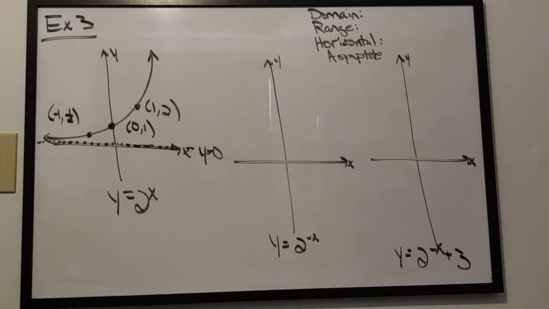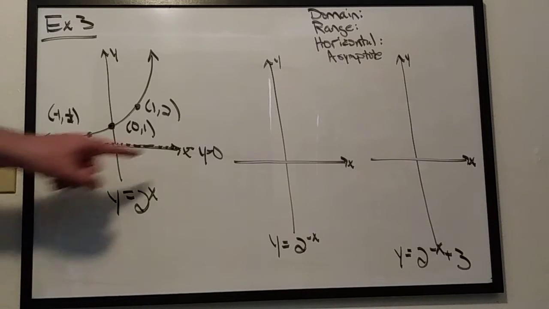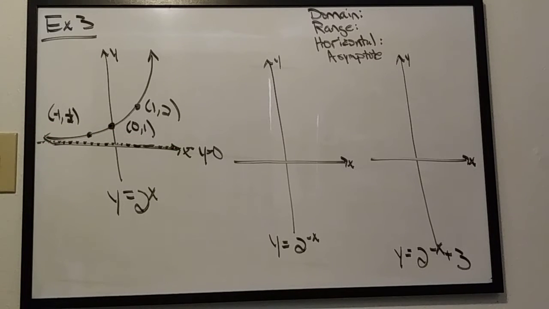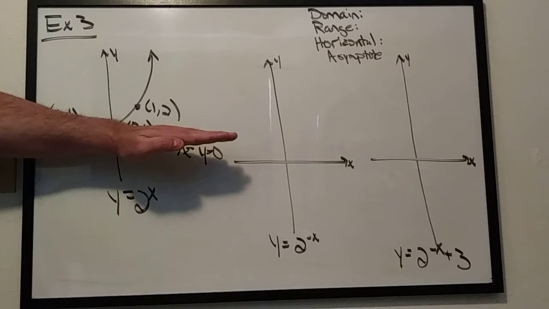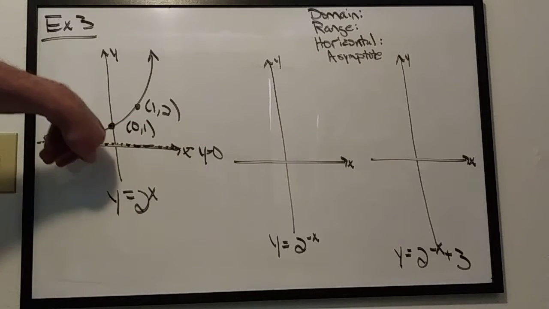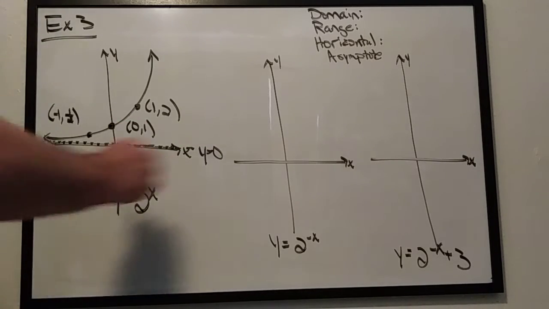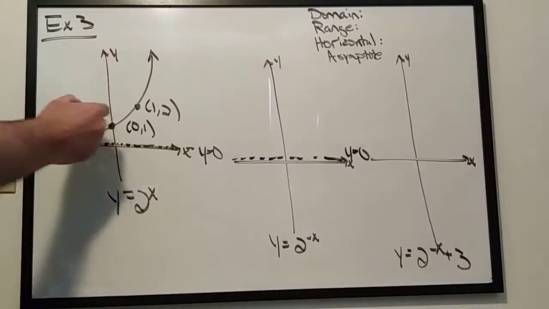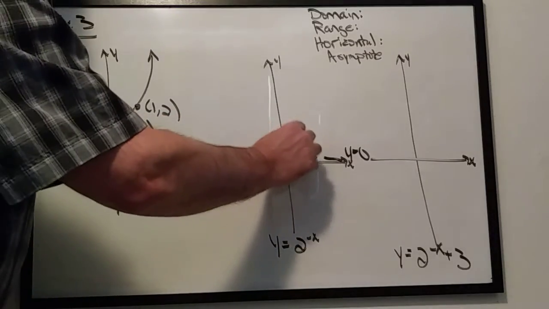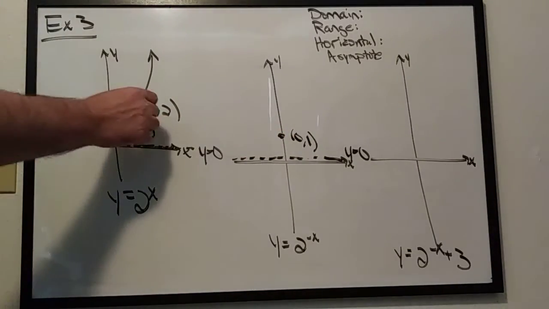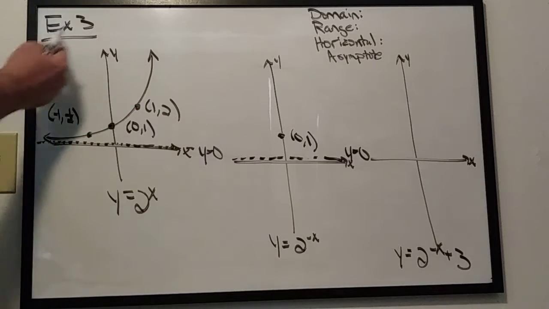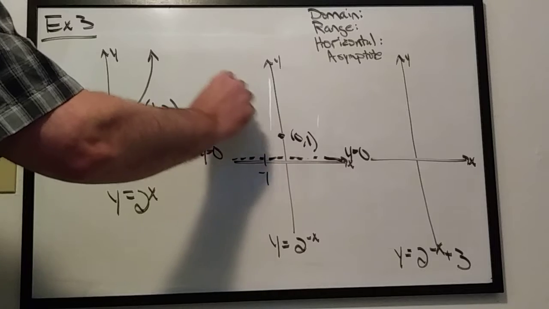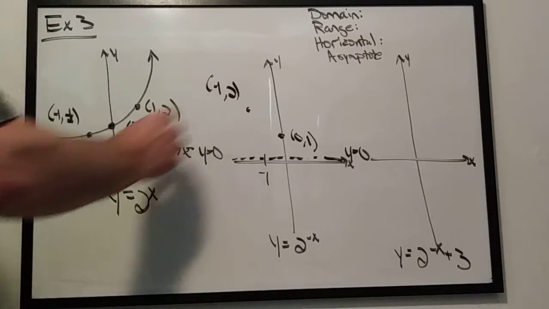So if I reflect this graph about the y-axis, I like to start by thinking about what that does to my asymptote. Take y equals 0 and reflect it about the y-axis, and it's still going to be y equals 0. So my horizontal asymptote is still y equals 0 here. And any point on the y-axis isn't going to move, so 0, 1 is still a point. 1, 2, however, if I reflect it about the y-axis, is going to come over and now be negative 1, 2.